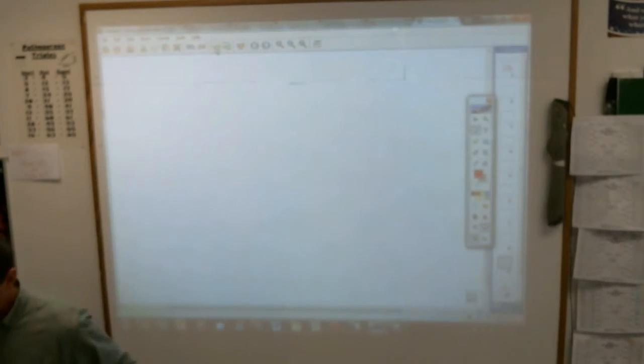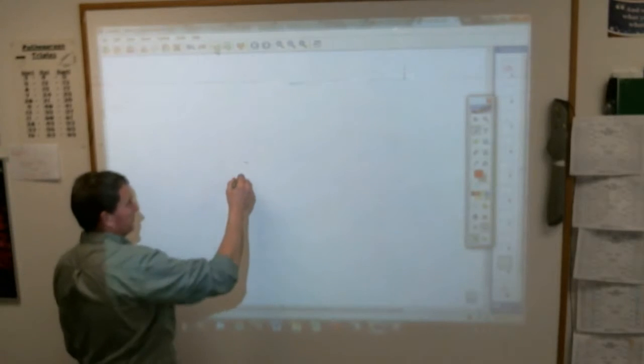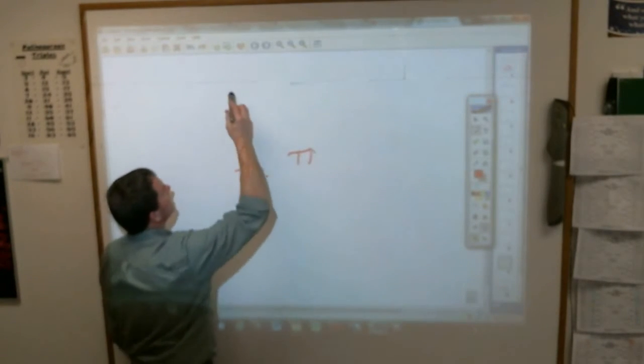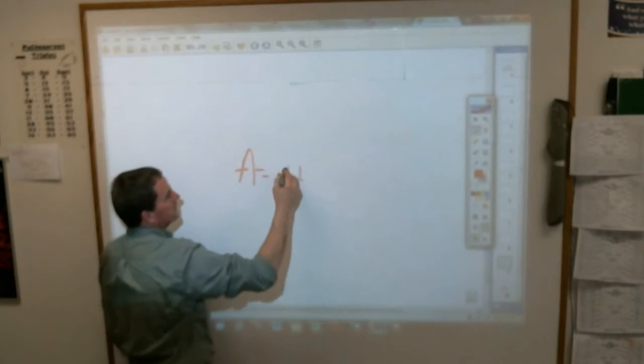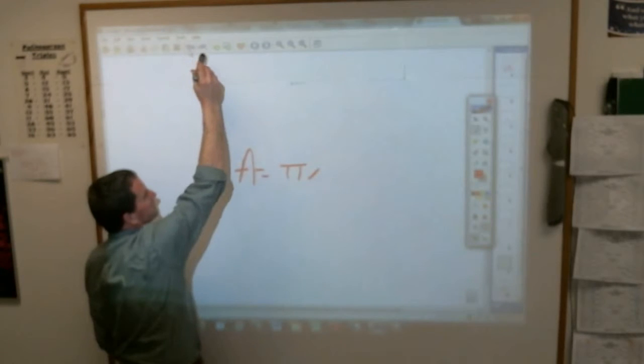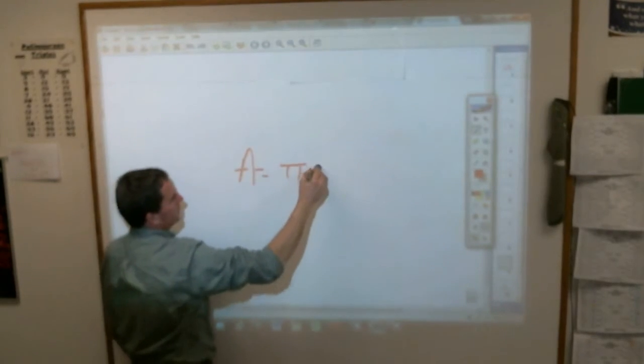I want something complicated. Ooh, this one gets crazy. How about this? The area of a circle equals pi times radius squared, or pi r squared.